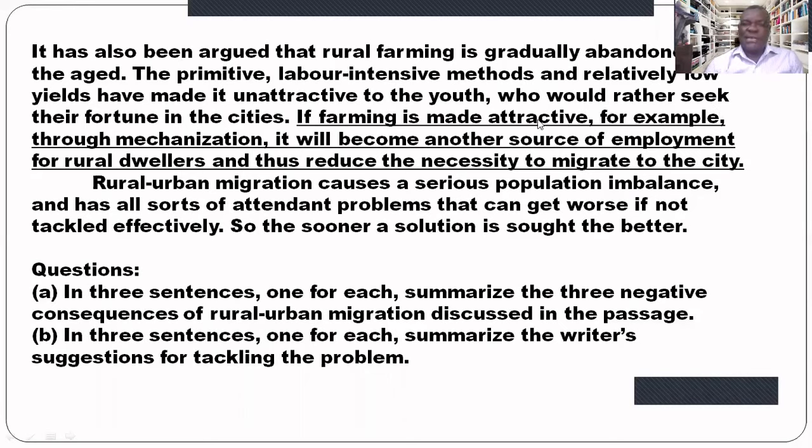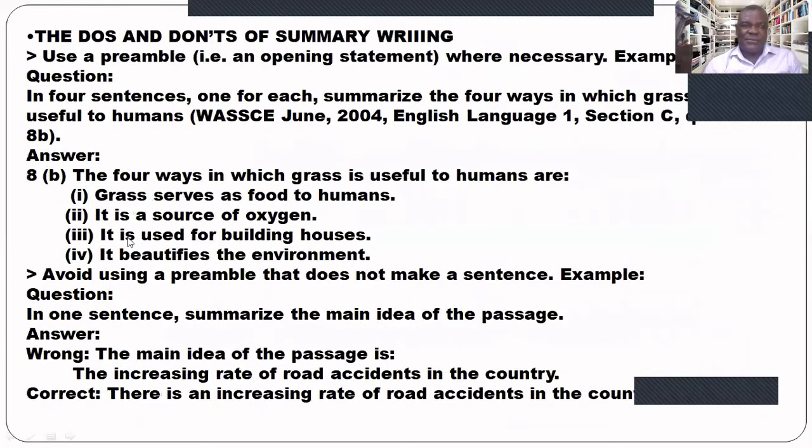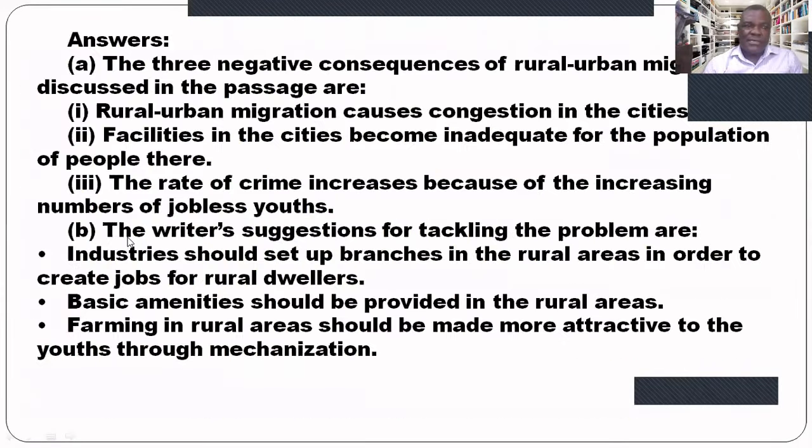If farming is made attractive, for example, through mechanization, it will become another source of employment for rural dwellers and thus reduce the necessity to migrate to the city. So you can see exactly the suggestion there. That's the third suggestion. Let's go back.